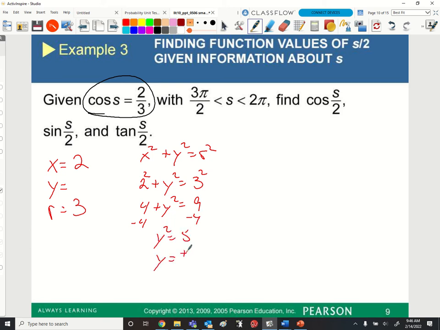Y equals plus or minus the square root of 5. Now I'm going to look at this right here. Between 3 pi over 2 and 2 pi, that's going to be quadrant 4, and in quadrant 4 my y value is going to be negative. So that gives me y as negative square root of 5.